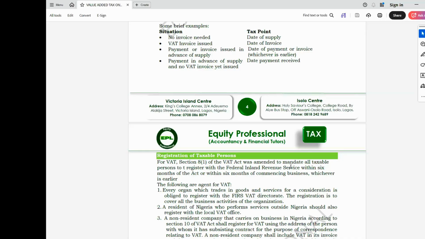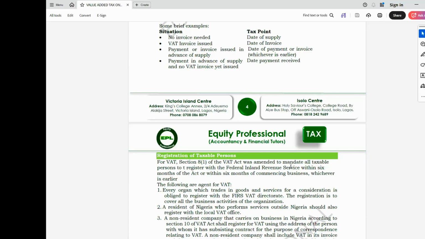Or if this act has already been in existence and you are now commencing business after the act has been established, you are also expected to register with FIRS within 6 months of commencement of business.